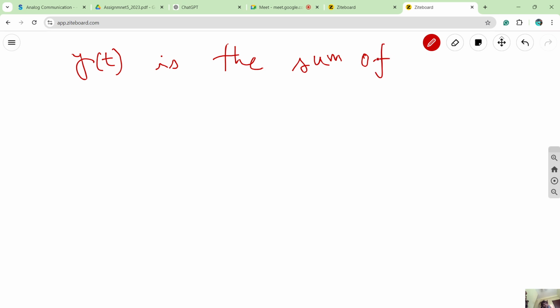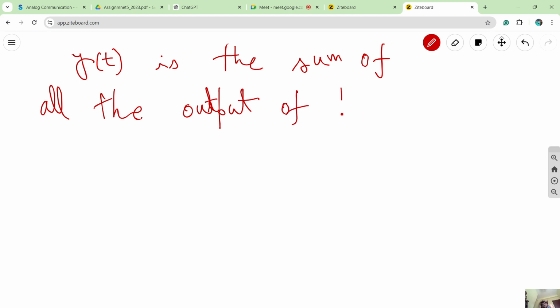So the question is, if y(t) is the sum of all the outputs of the filters, then what will the output actually imply?